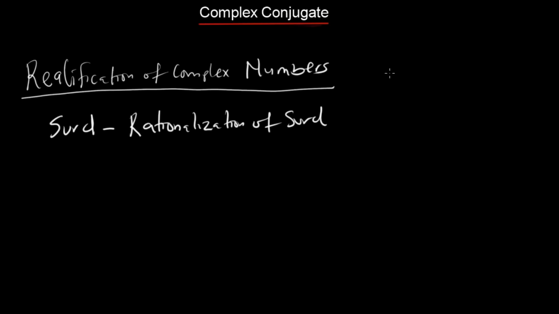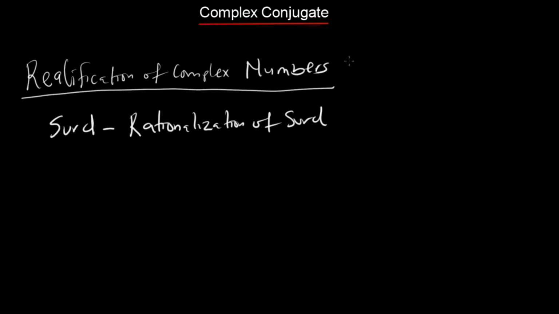So if you have a surd A over B, then we divide it by the denominator, but we change the sign: if the sign is negative, we change to positive. If it's positive, change to negative. So the same thing is applicable in complex numbers, and we call this the complex conjugate.